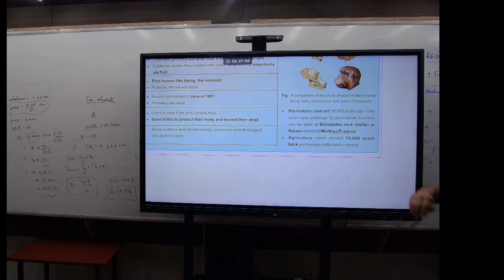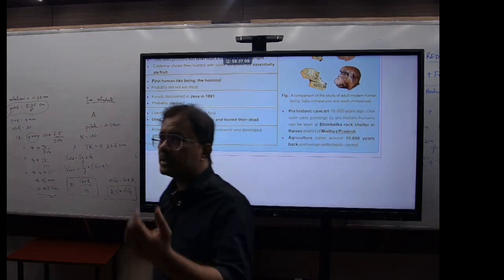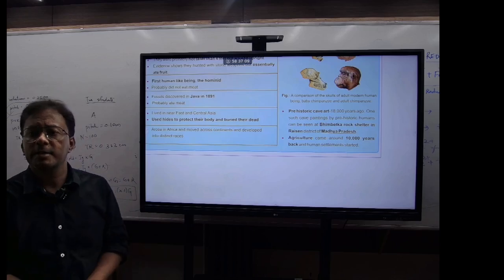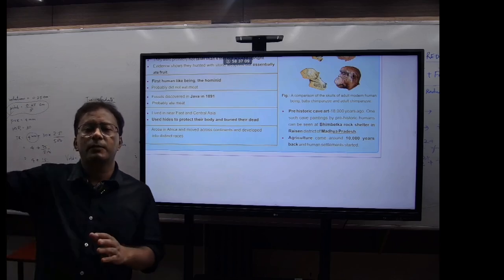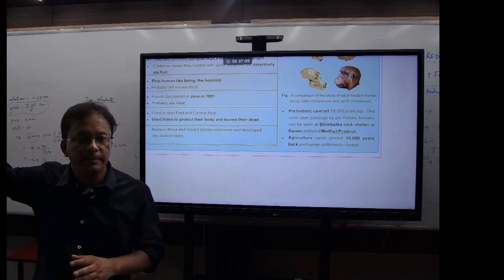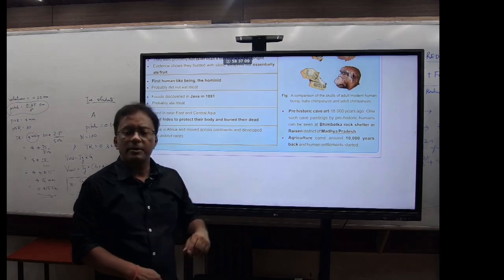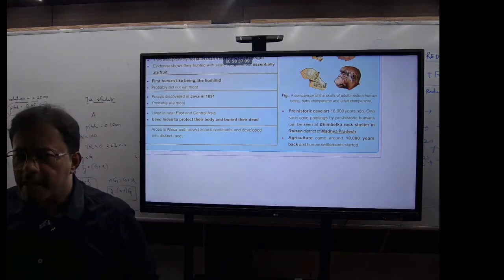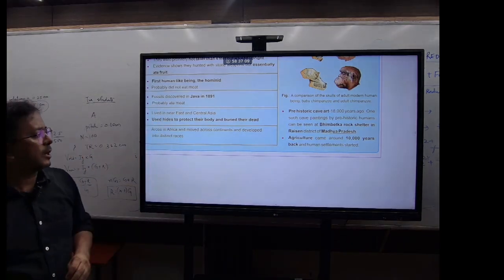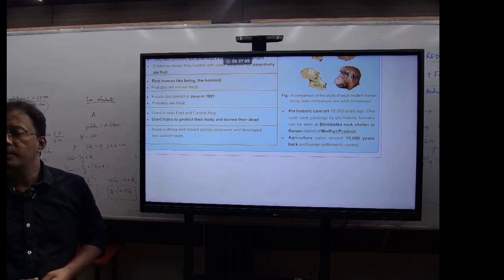Some of them are found in Madhya Pradesh. The most famous cave art is found in France. Several meters of the caves were covered by paintings, and a few can be found here.